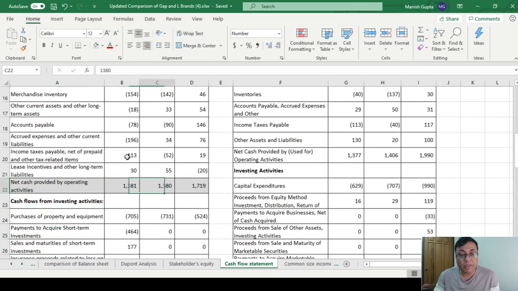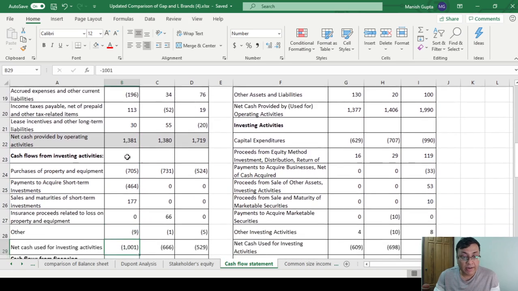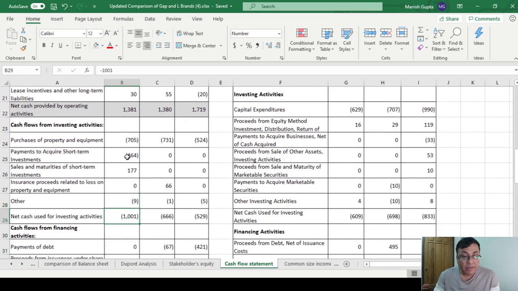Cash from operations has definitely reduced, but it's not that significant: 1,700, 1,300, and 1,300. The next item you will look at is the cash from investing activities. Here you will see quite a significant jump in cash from investing activities, meaning the company has acquired certain investments, which is 464 million.